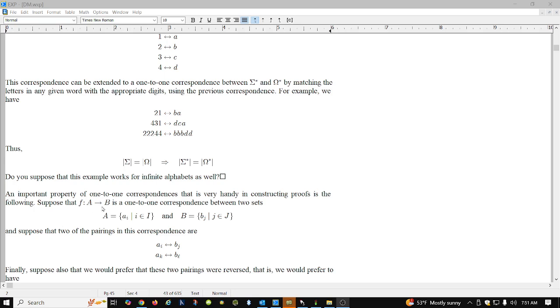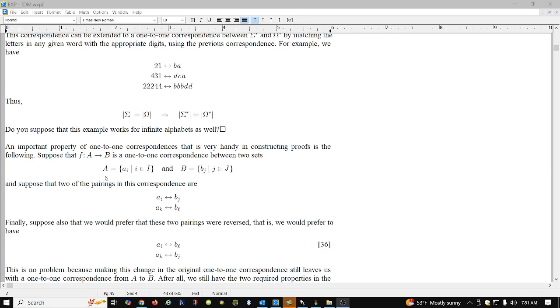Suppose that F is a one-to-one correspondence or bijection from A to B. And these are the sets written in index notation. And suppose that two of the pairings in this correspondence are AI paired with BJ and AK paired with BL. So this is an arbitrary couple of pairings.